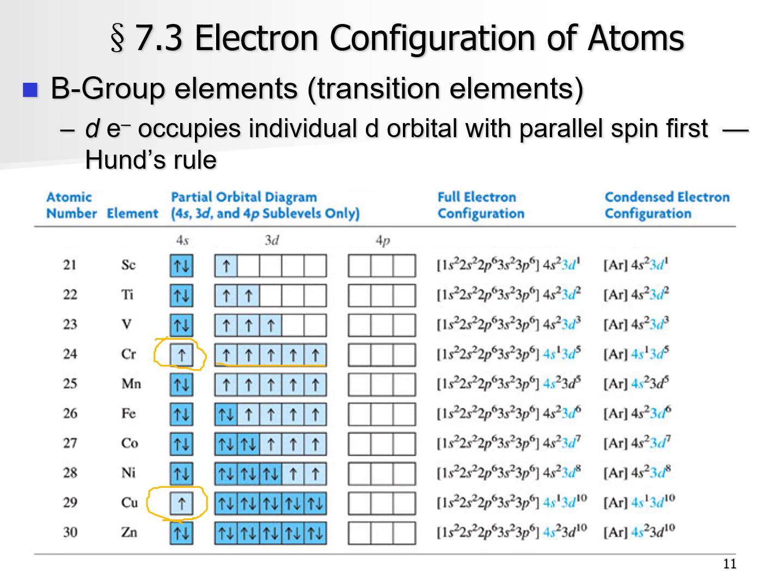And I want you guys to think about just how many elements we have in this transition block. 1, 2, 3, 4, 5, 6, 7, 8, 9, 10. 10 elements. The capacity of a 3d subshell for electrons: 10.